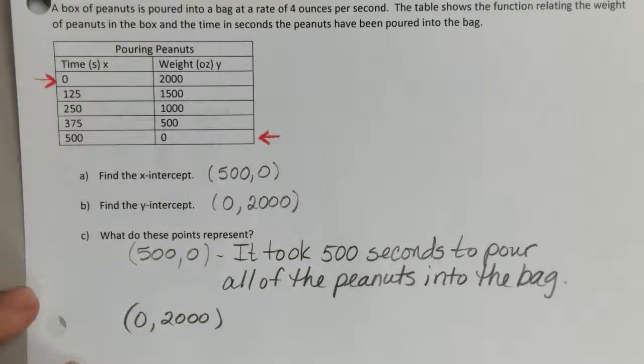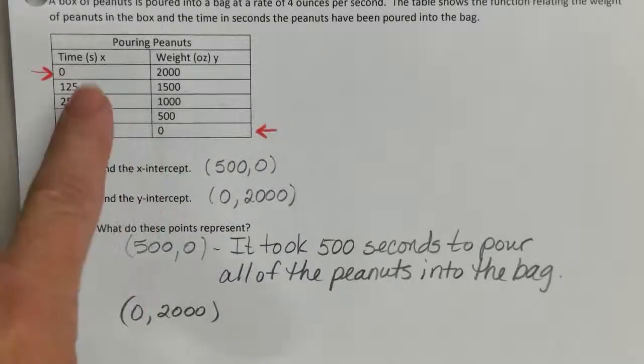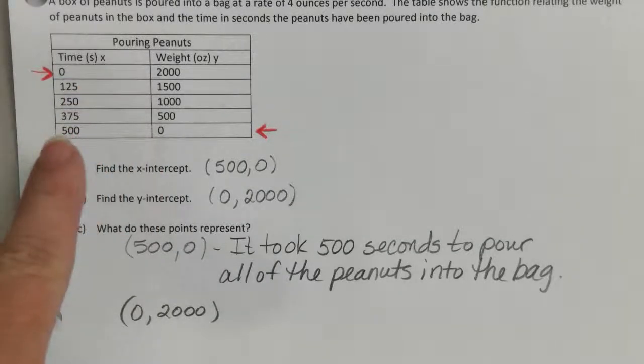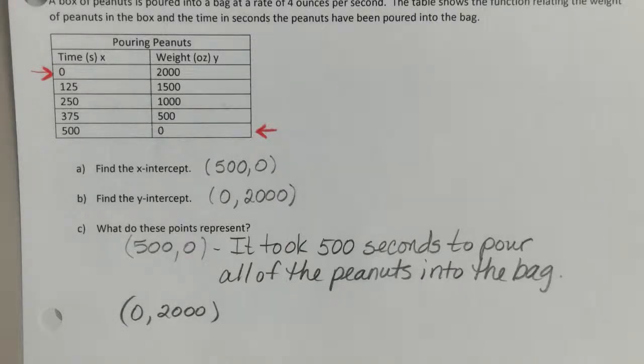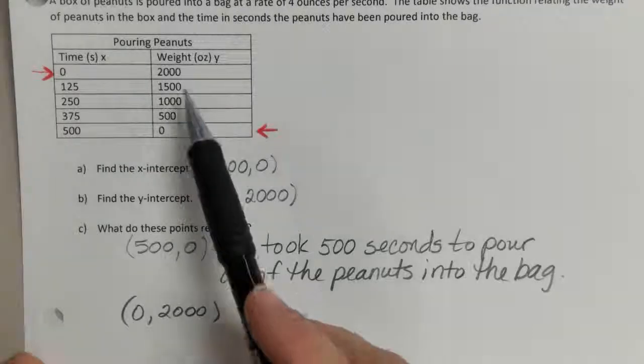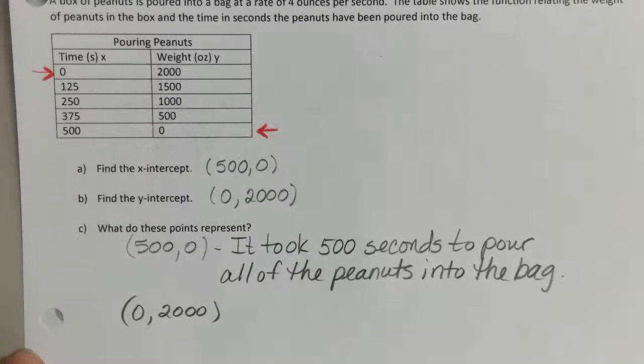And again, if we use our label, x stands for how much time has passed. So that means 0 seconds have passed. That's before anything was done at the beginning. And you can see that at that point, there were 2,000 ounces of peanuts in the box.